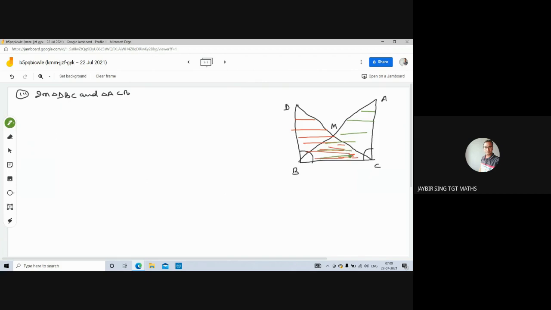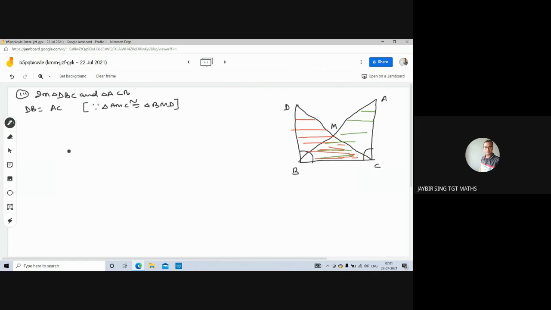This is ACB. Now see, this AC, or you can say DB, is equal to AC. Why? Because we have proved AMC and BMD congruent, since triangle AMC is congruent to triangle BMD.